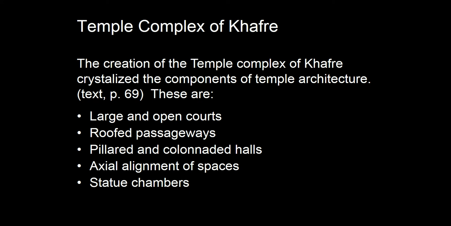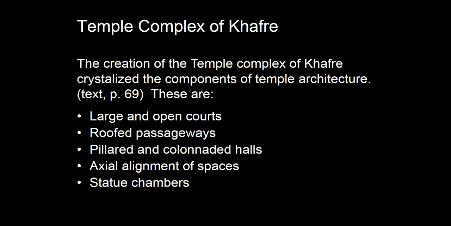Okay? So some of the key things that you guys should know are this idea of large and open courtyards. Okay? The idea that some portions of the complex would be roofed, right, over columns, that there were these pillared and colonnaded hallways that led through them, and the axial arrangement of spaces inside of the temple complex.